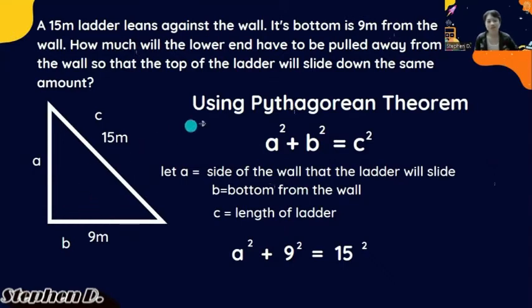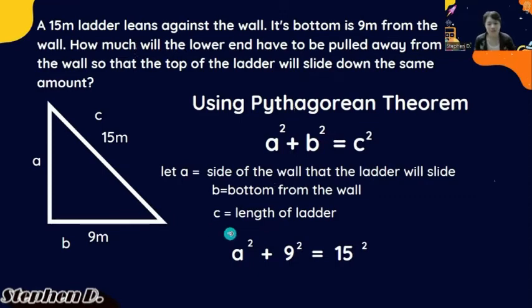So we can use the Pythagorean theorem, which is a squared plus b squared is equal to c squared. So a is the side of the wall that the ladder will slide, b is the bottom from the wall, and c is the length of the ladder.